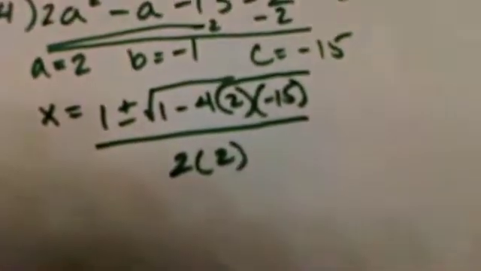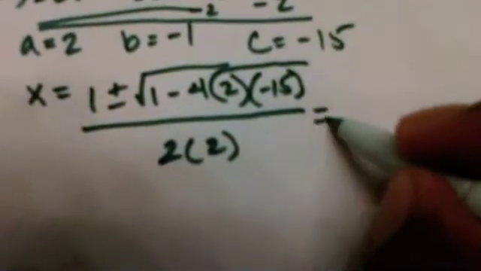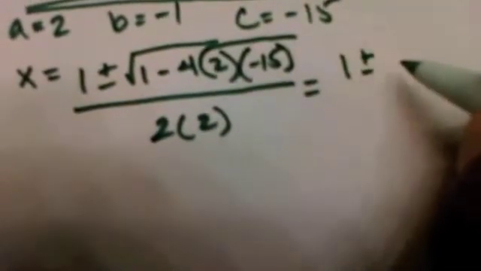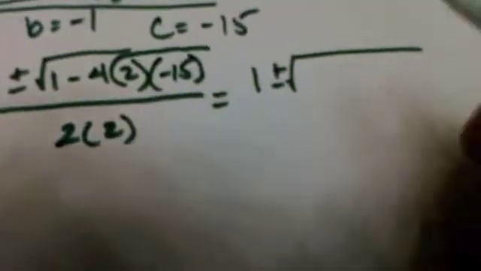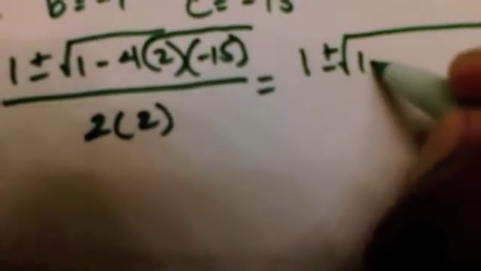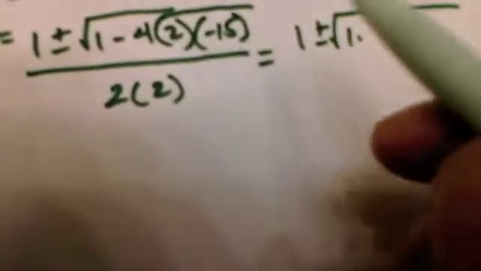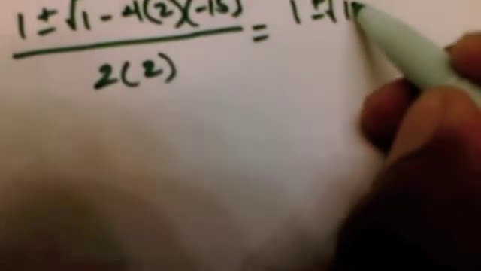Good. Now we can move on. Let's do some multiplication in our heads quickly. We have 2 times negative 15, that's negative 30. Negative 30 times negative 4 is a positive 120, so that's actually plus 120. And over 2 times 2, well, 2 times 2 is 4.